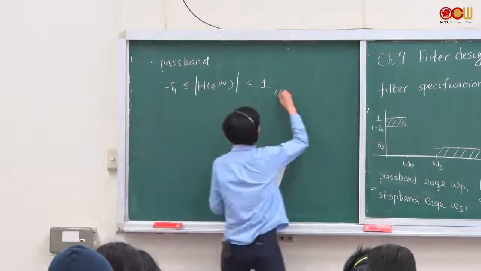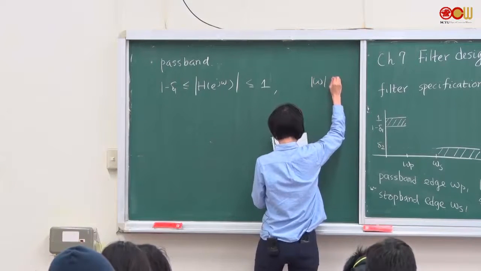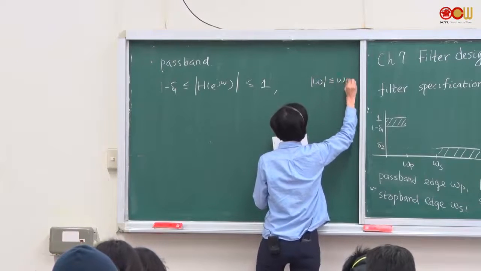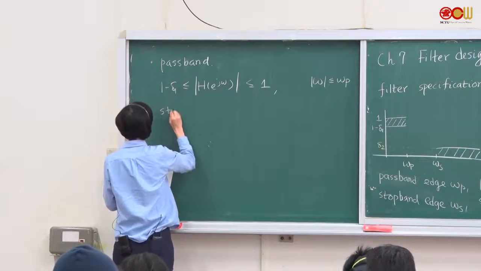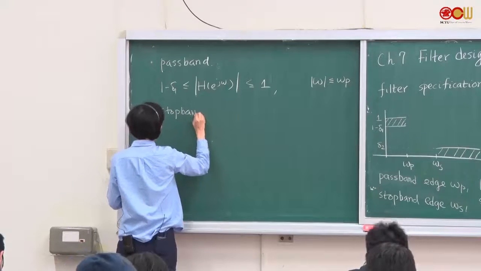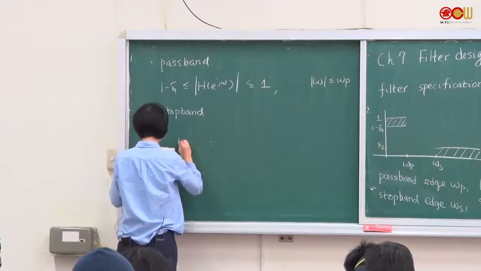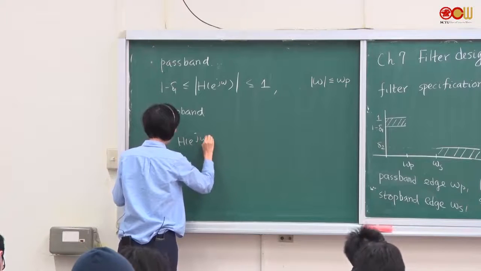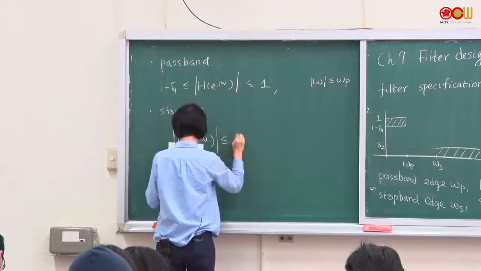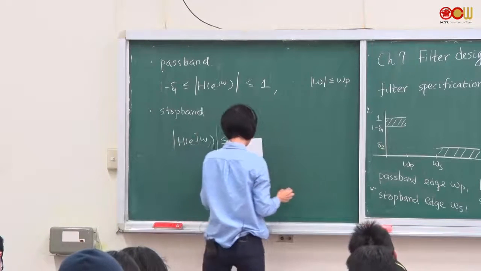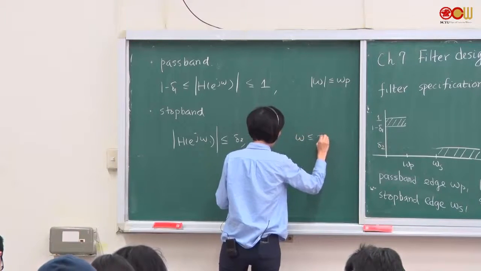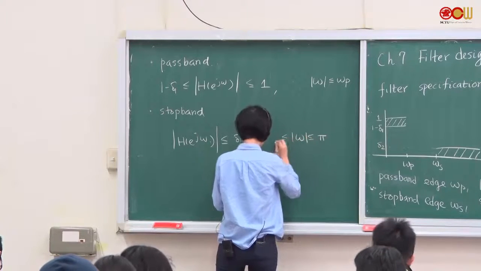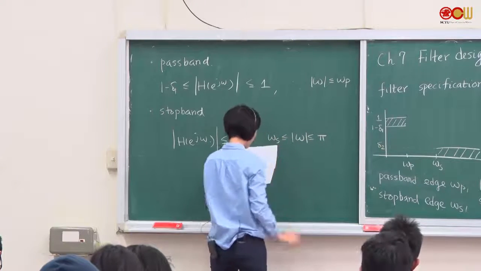For omega less than or equal to omega P, and in the stopband, the magnitude is less than or equal to delta 2 for omega between omega S and pi.